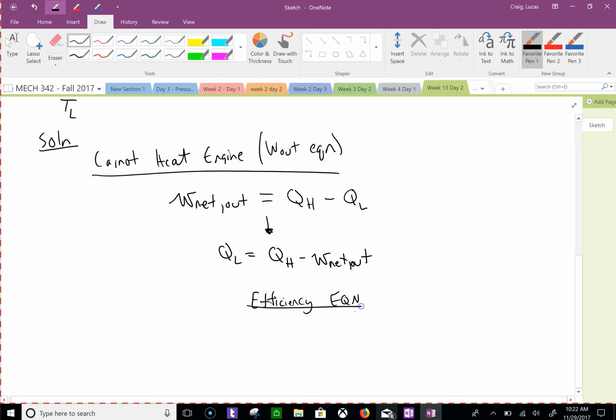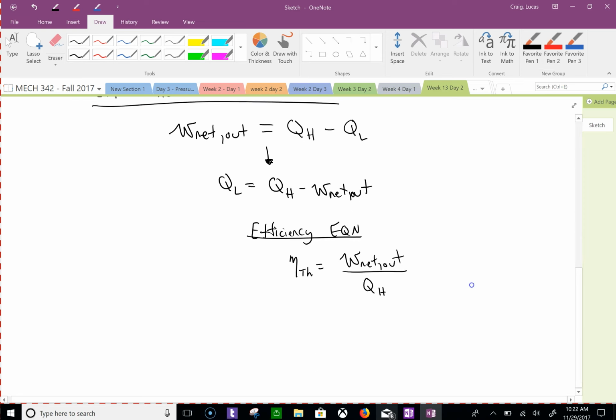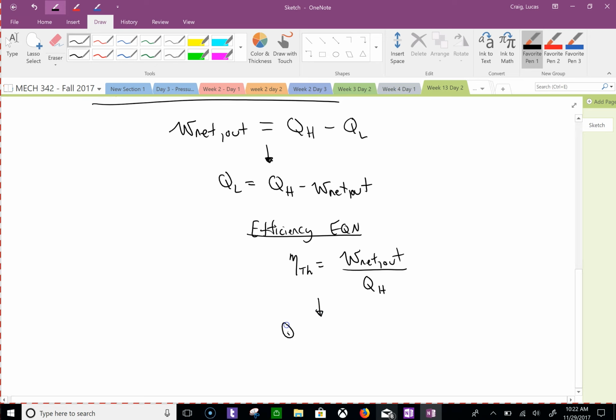And I'll show you. The efficiency is W net out divided by QH. But it's a Carnot heat engine. We can find it. So therefore, QH equals W net out divided by the efficiency.